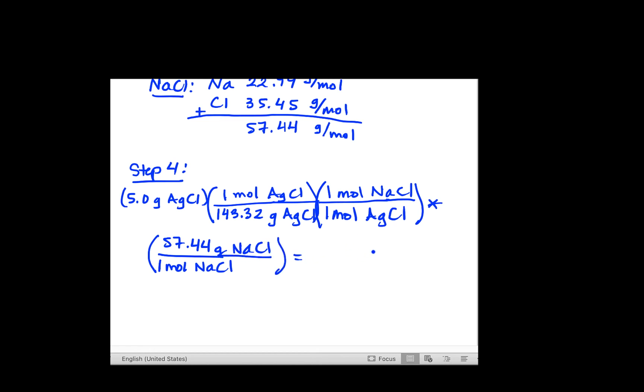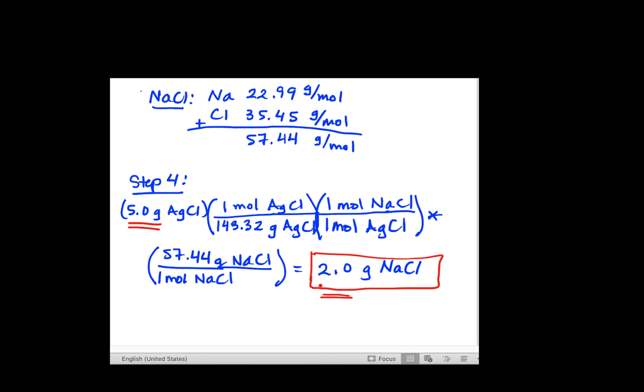When we do all that, we will find that 2 grams of sodium chloride are needed, assuming that it is our limiting reagent, to react with excess silver nitrate to produce 5 grams of silver chloride. Here we are keeping 2 significant digits in our answer because we started with 2 significant digits in those 5 grams of silver chloride.